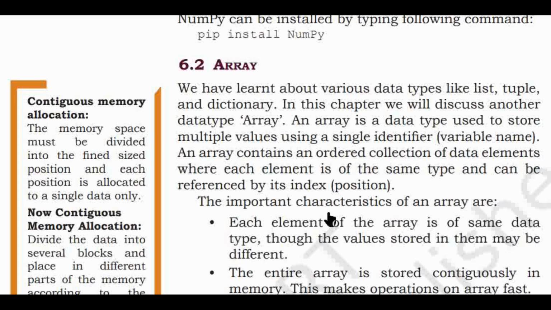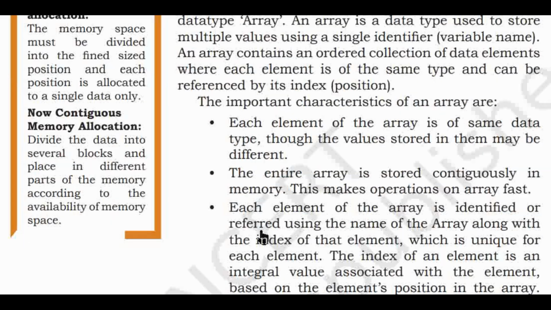The important characteristics of an array are: each element of the array is of same data type, though the values stored in them may be different. The entire array is stored continuously in memory. This makes operation on array fast.